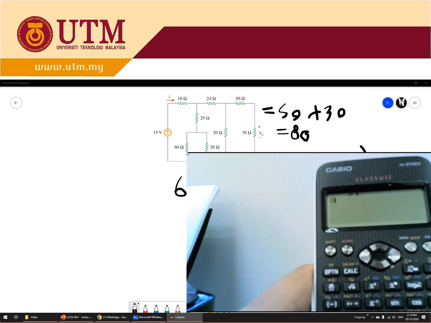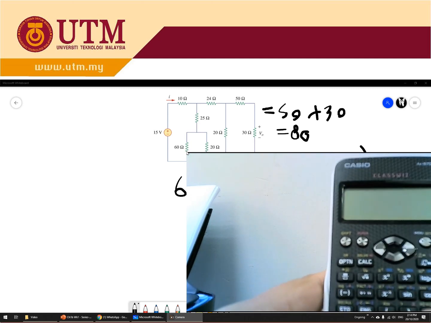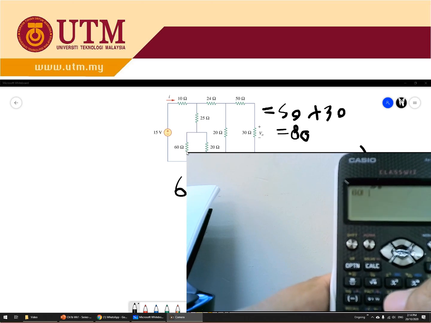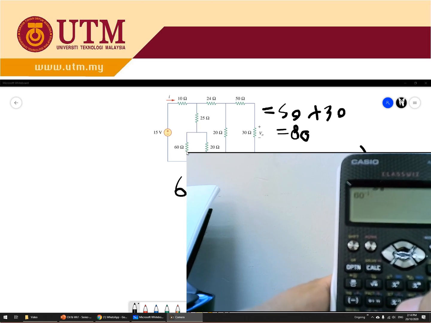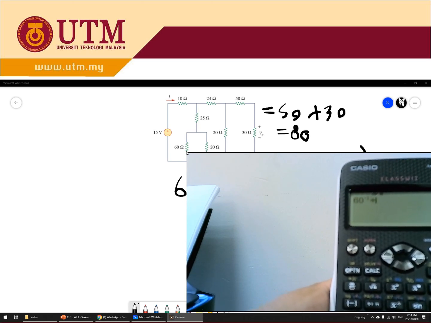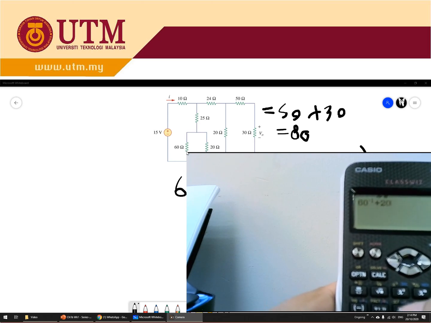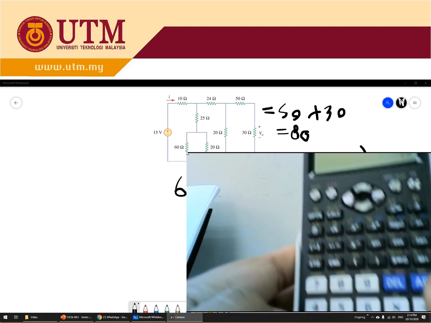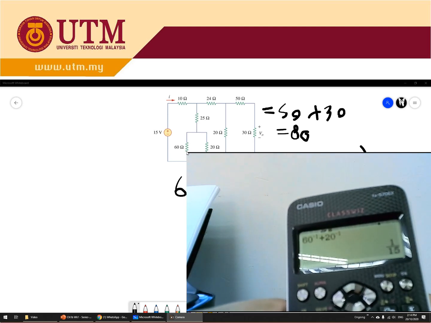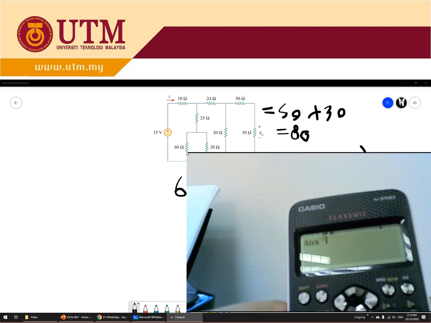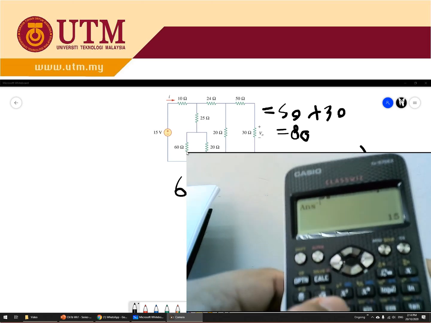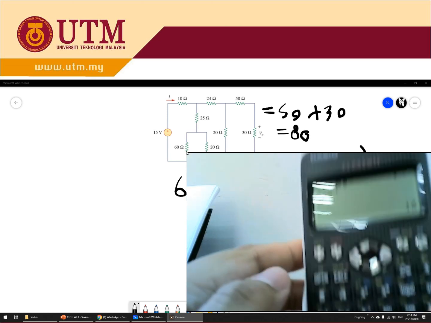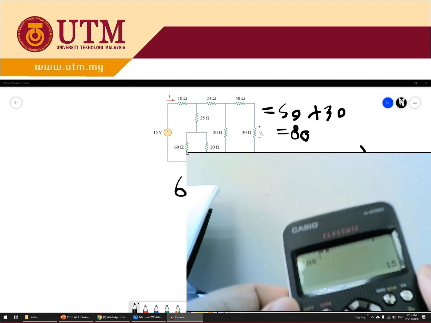So 60, reciprocal with the x minus 1 symbol, plus 20 reciprocal, equals, and you get the answer. Then don't forget to reciprocal the answer. So you reciprocal the answer, then equals, and you get 15.